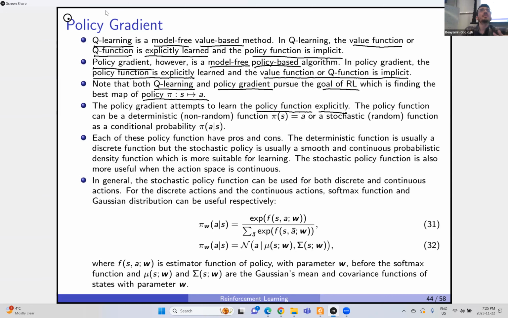The policy pi, do you remember I talked about it in the previous session, is either deterministic or stochastic. Deterministic means not random. Stochastic means random, probabilistic, I mean. If it is deterministic, for every state you have some action, like a function, right? But if it is stochastic, then you have a probability distribution conditional on the state.